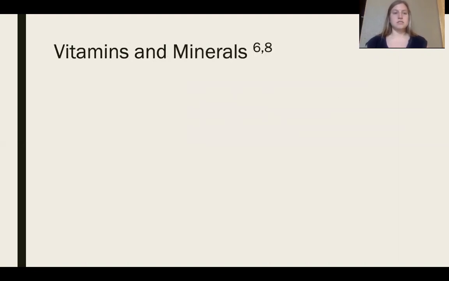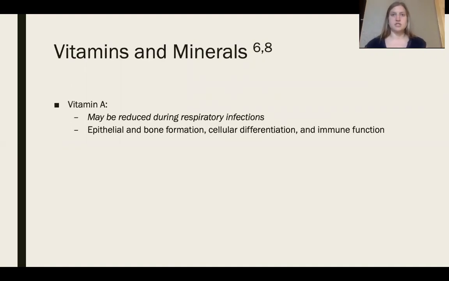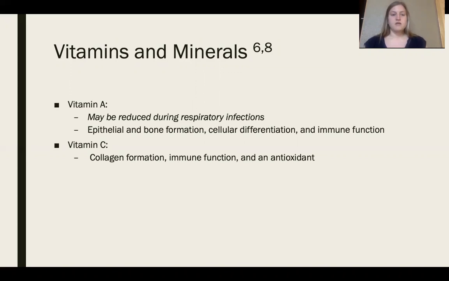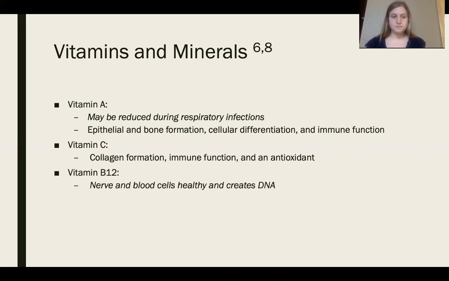I also found an article that talked about different vitamins and minerals that may be adequate during an infectious disease. And so with vitamin A, they found that it may be reduced during respiratory infections. Vitamin A helps with epithelial and bone formation, cellular differentiation, as well as immune function. Vitamin C is important, as we all may know. It helps with collagen formation, immune function, and it acts as an antioxidant.